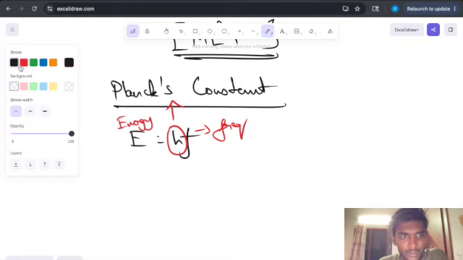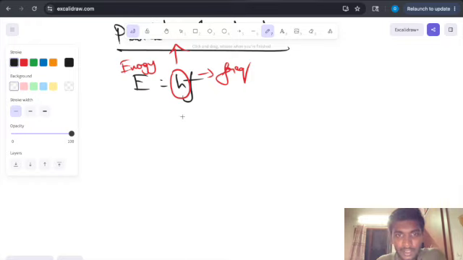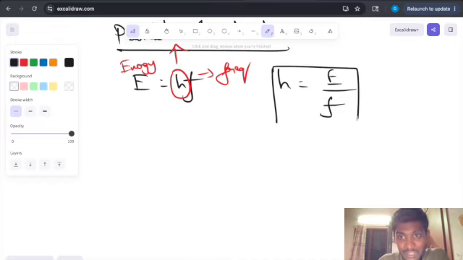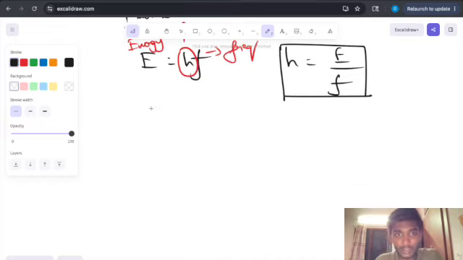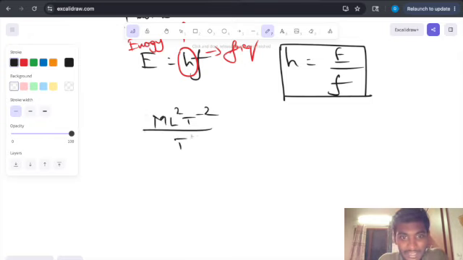From this it is very easy for me to write the dimension of h. h is equal to energy by f. I am just rearranging the formula. Energy is ML square T to the power of minus 2 and f is T inverse. So I am basically getting ML square T to the power of minus 1 as the dimension of Planck's constant.